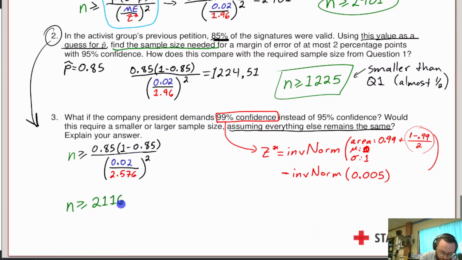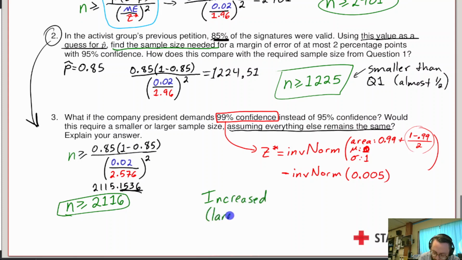When I actually calculated this, I of course got 2,115.1536. But because we had the decimal, we have to round up. So n has to be 2,116. And we see here it increased. Our sample size increased. We had a larger sample.